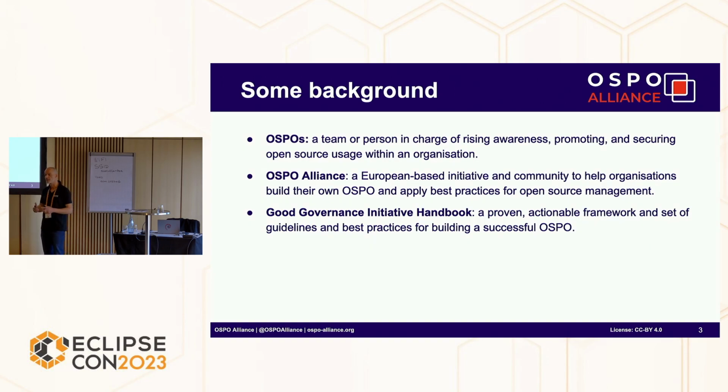The OSPO Alliance is an informal initiative, and one of our main projects actually is the Good Governance Initiative Handbook. And it's a proven, actionable framework and set of guidelines, best practices to define and build an OSPO.